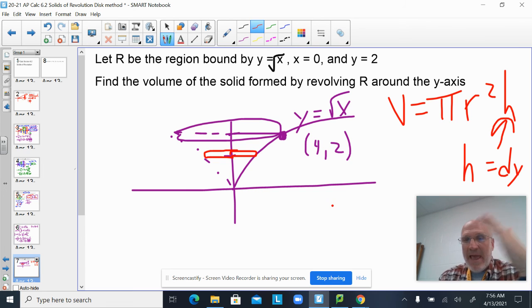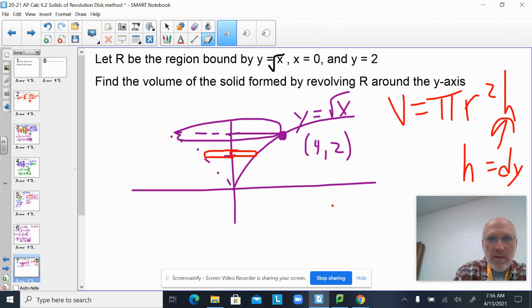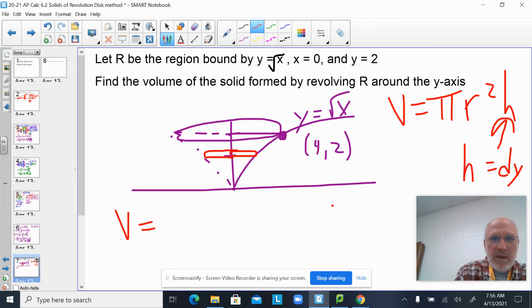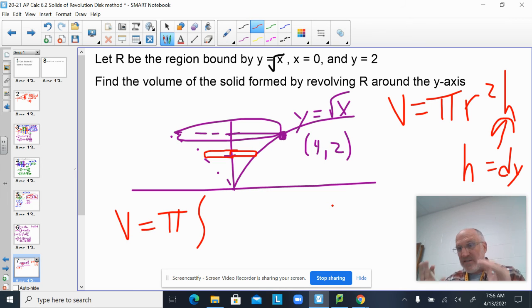And as far as my a and my b, V equals pi times the integral from something to something. Now let's be careful with that. I have one disk drawn. If I draw another rectangle here, and one more out here, that when I rotate them become that and that.